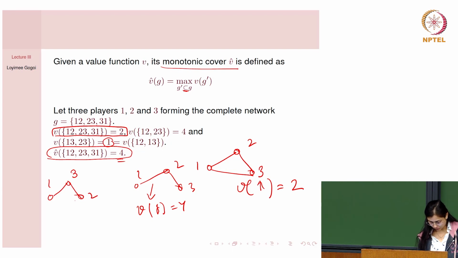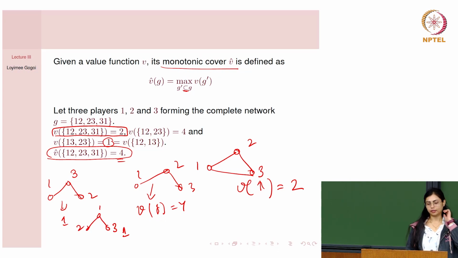The worth for this is 1, and 1, 2 and 1, 3. This is again 1. So it will consider only the maximum highest value which is generated by any subgraph of that J.